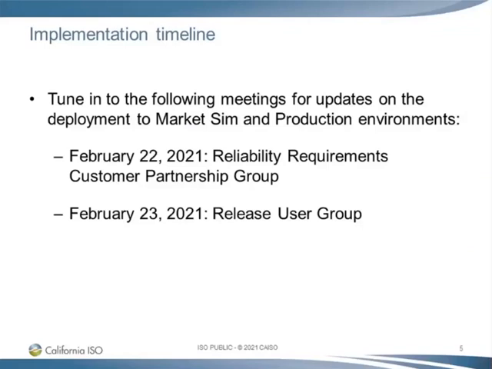And then if you stay tuned to the RUG meetings, the next one's coming up on February 23rd, you'll get latest updates on when we're going to be moving to the production environment. So stay tuned to our regular meetings and you'll be able to keep track of the deployment plan for this project.